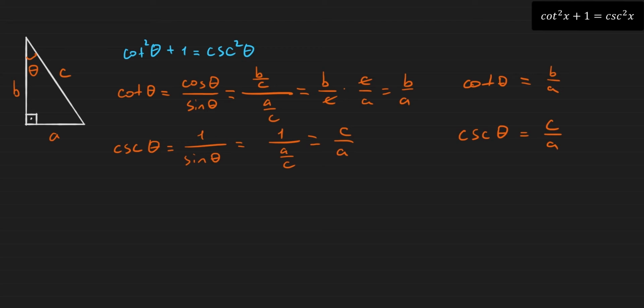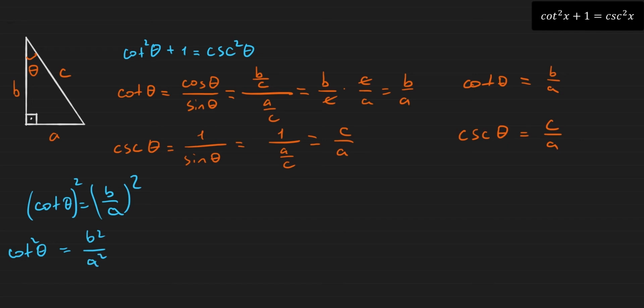And now that we did that, let's see what cotangent theta squared is. We know that cotangent theta equals B over A from here. If we square both sides, we get cotangent theta squared equals B squared over A squared.